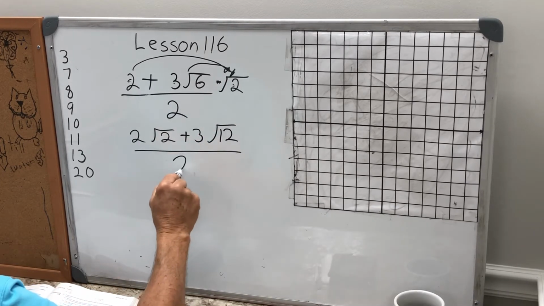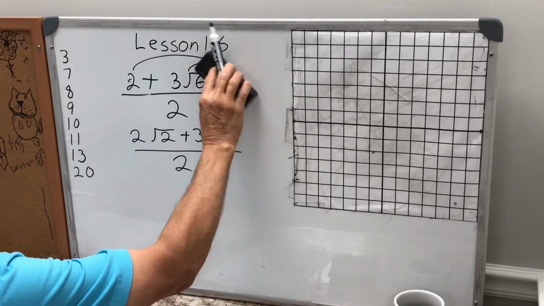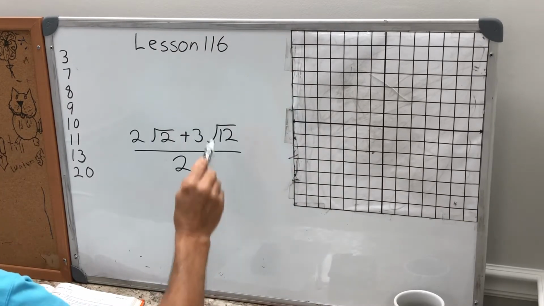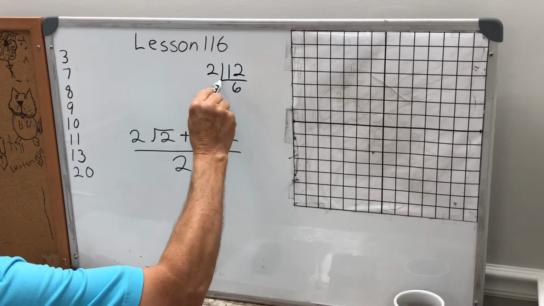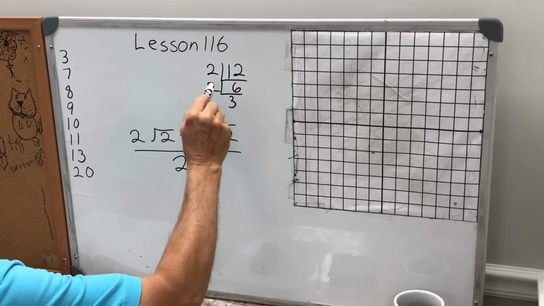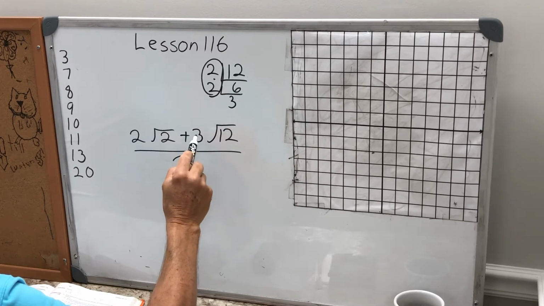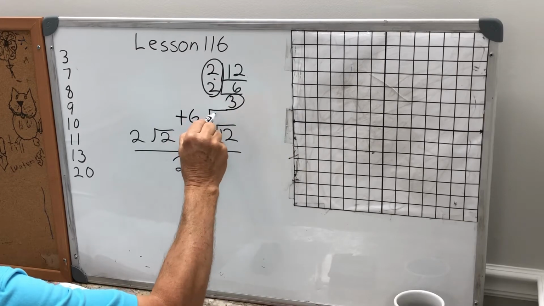And then we move this down. Still with me? I'm going to erase all of this. Continue to solve. The 12 can be reduced. 12 is 2, 6, 2, and 3. So the pair of 2 times 3 is positive 6 square root of 3.